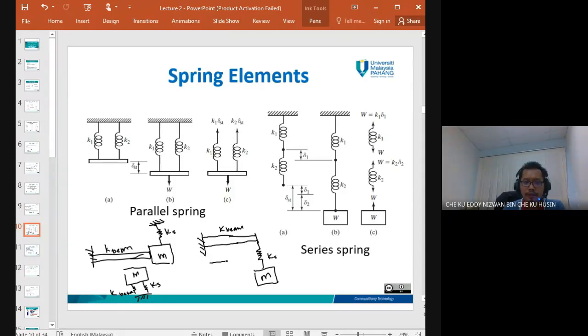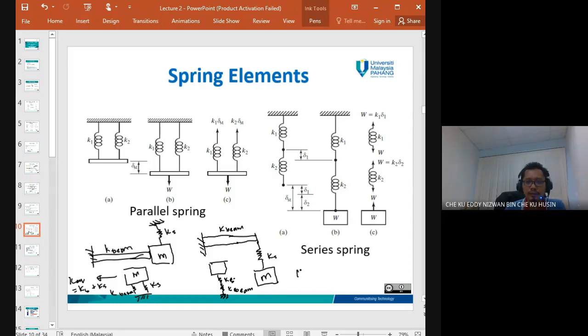For the second example, we can model like this, K S, K beam. So K equivalent for the first one equals K beam plus KS.